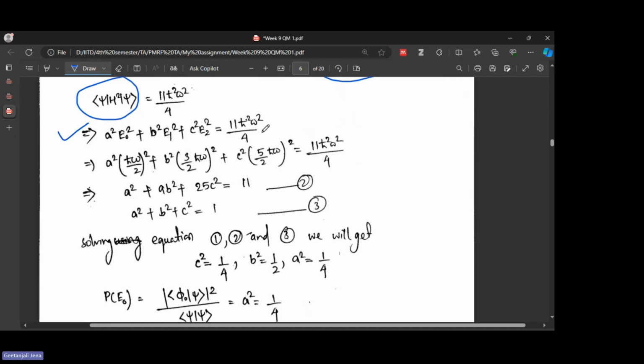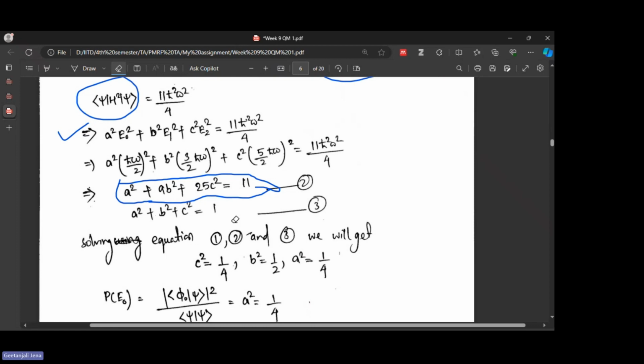This will be equal to 11 by 4 omega h bar square. Similar to the first condition, we just put E0, E1 and E2 and simplify. So you will get equation 2, which is A square plus 9B square plus 25C square equal to 11.